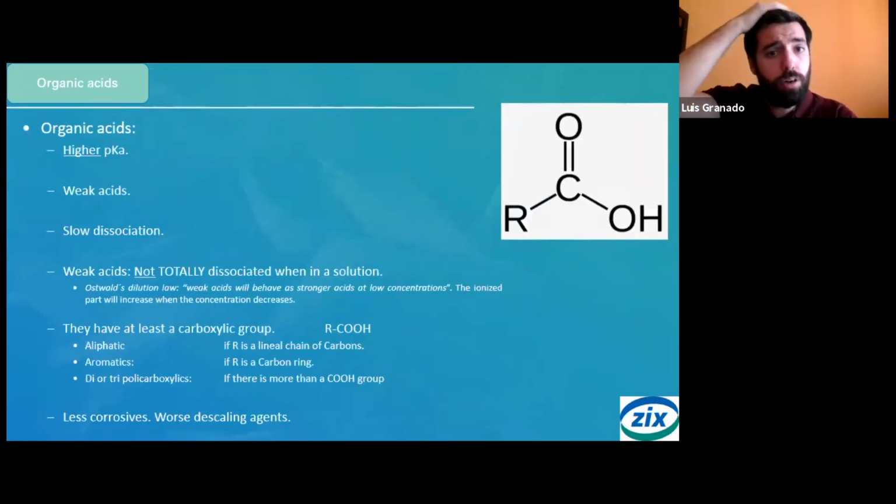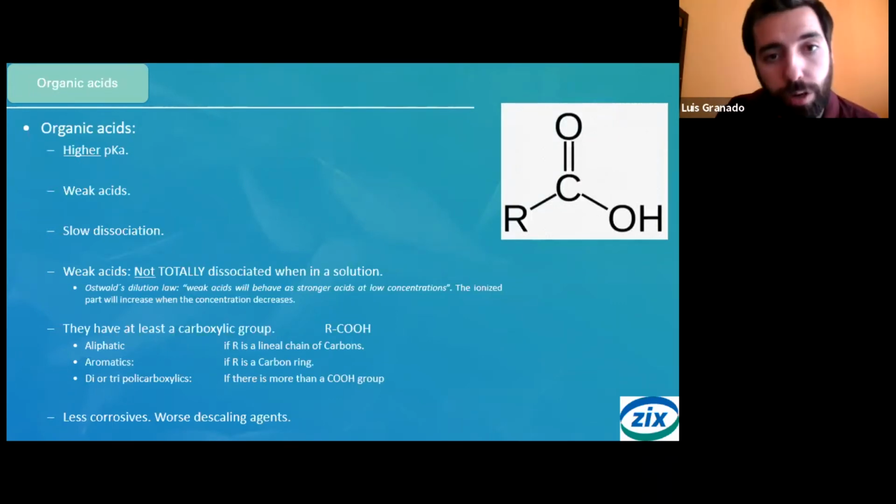On the contrary, organic acids have a higher pK. That means that they are weaker. And that means that the release of hydrogen protons is weaker as well. I mean, slower, all right? There's going to be a slow dissociation. So we will not find them fully dissociated inside of a solution.